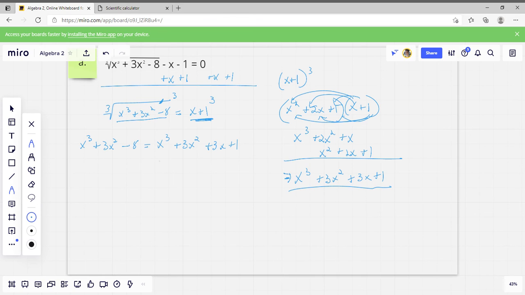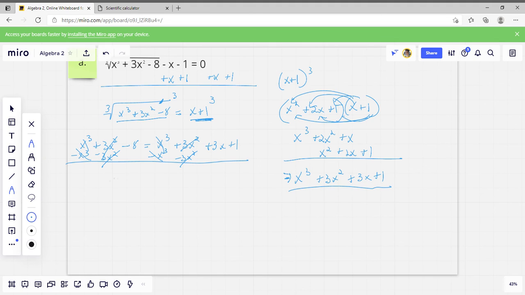Okay, so let's see if we can get rid of some of this stuff. x to the third. They set these up so that these are going to cancel out. 3x squared. Cancel those out.